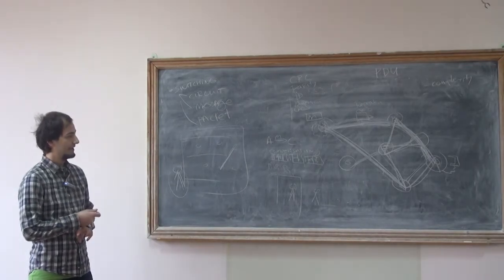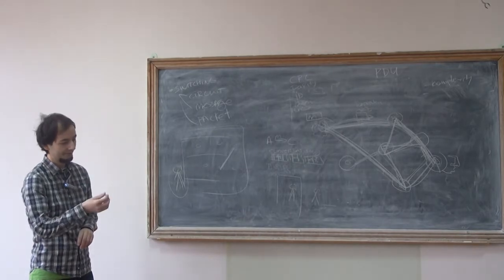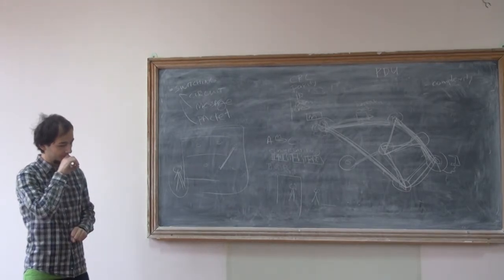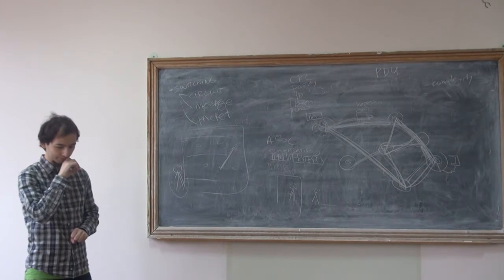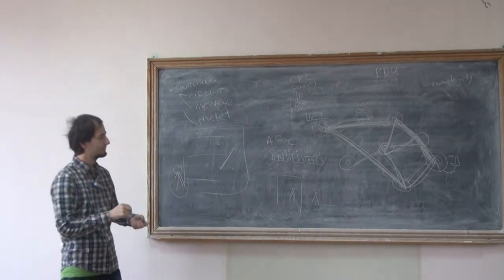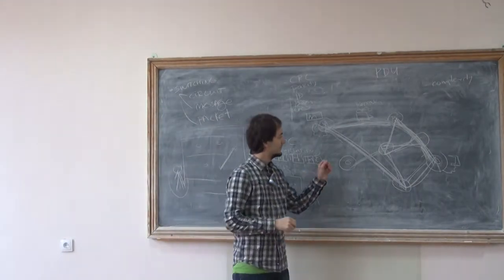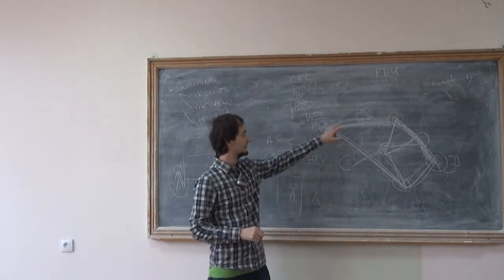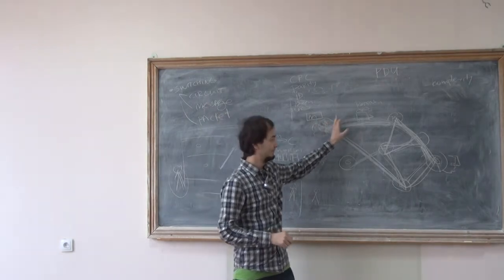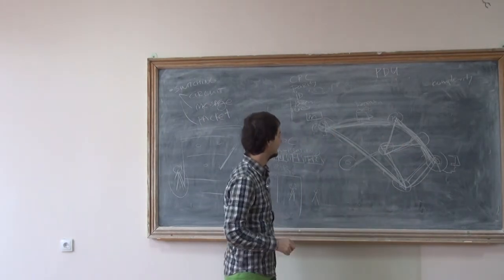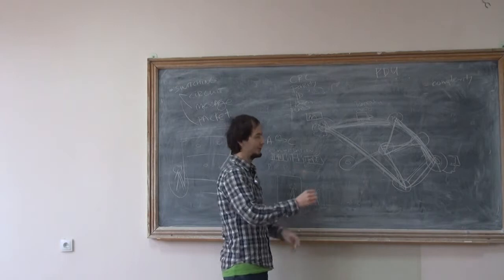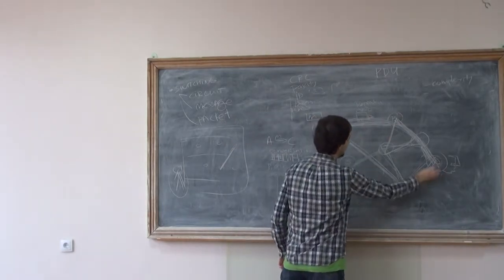Message switching, on the other hand, allows you to do something else. So let's say we allow more than one car to take the same path. So all the cars choose to go this way.